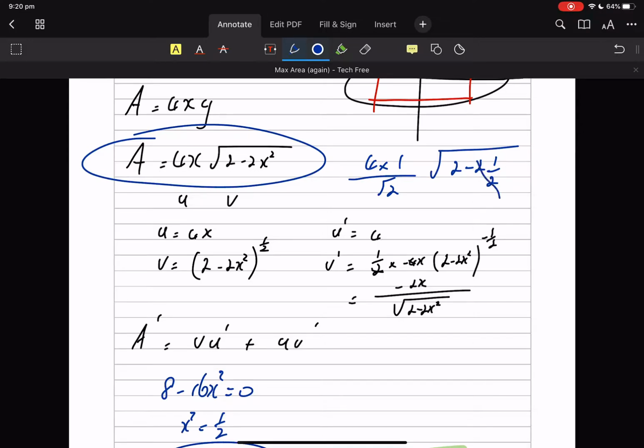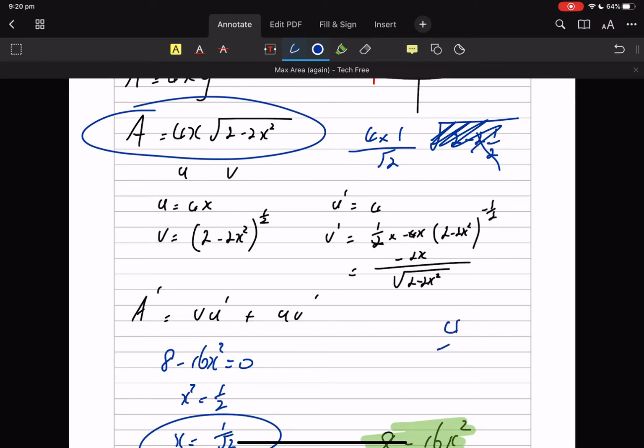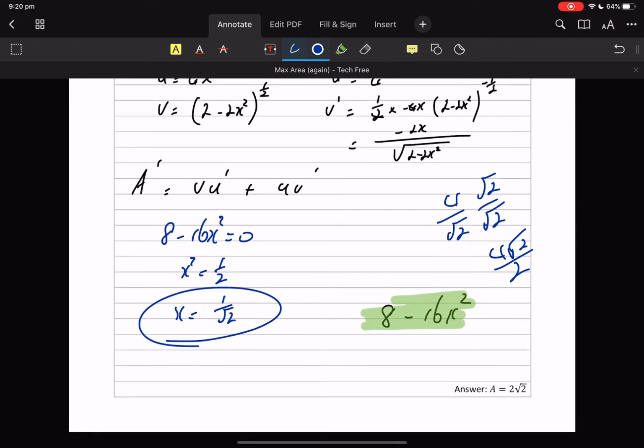So 2 on 2 cancels. 2 minus 1 is 1. So that whole square root is just 1. So I've got the answer 4 on root 2. Let's rationalise. So that's going to be 4 root 2 on 2, which is our answer.